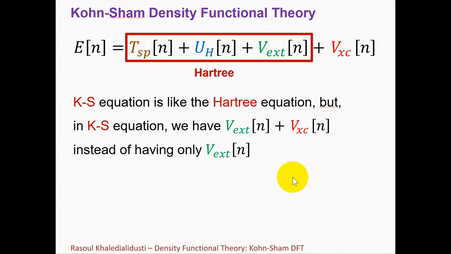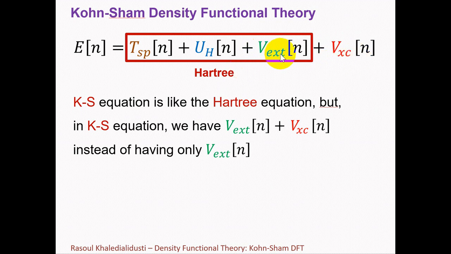By looking at this energy expression, we can clearly see that the Kohn-Sham equation is exactly like a Hartree equation, but the only difference is that in the Kohn-Sham equations, we have external potential plus exchange correlation function instead of having only external potential in the Hartree equation. So only the last term, the exchange and correlation function, is added to the Hartree equation.